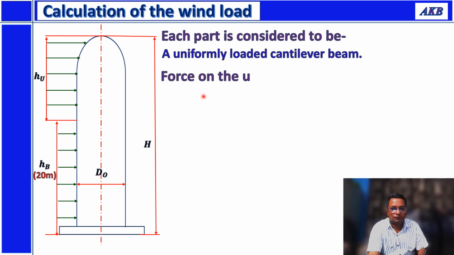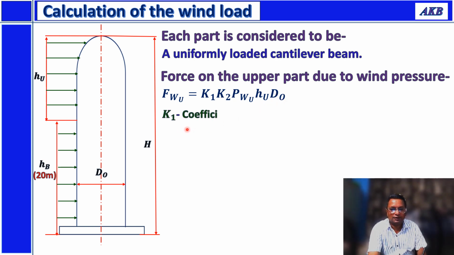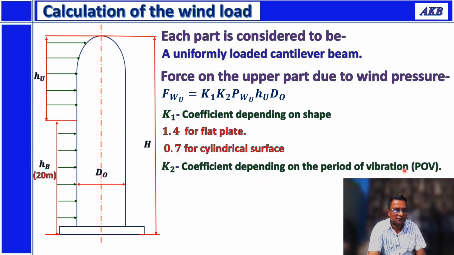Then force acting on the upper part due to wind pressure is again given by a similar equation. So FWU, force due to wind acting on the upper part, is equal to K1 into K2 into PWU into HU into DO, where K1 is a coefficient that depends on shape, and it has the same values as understood earlier: 1.4 for flat plate, 0.7 for cylindrical surface. K2 is a coefficient that depends on the period of vibration, that is POV.